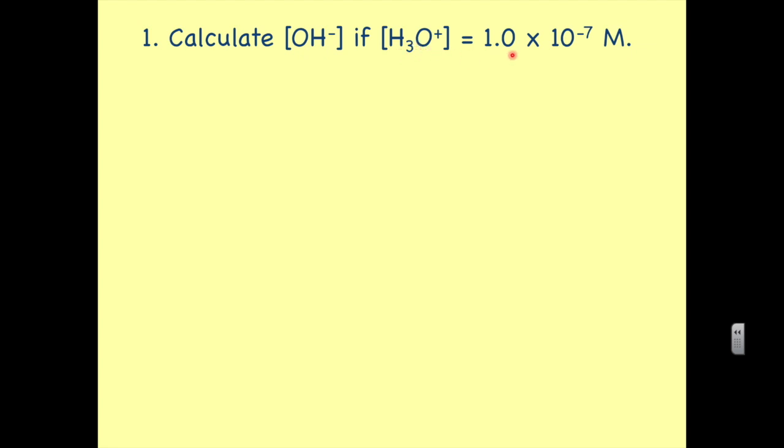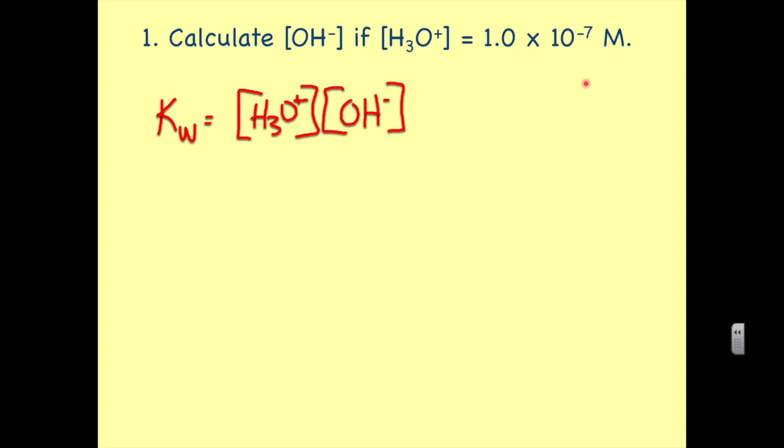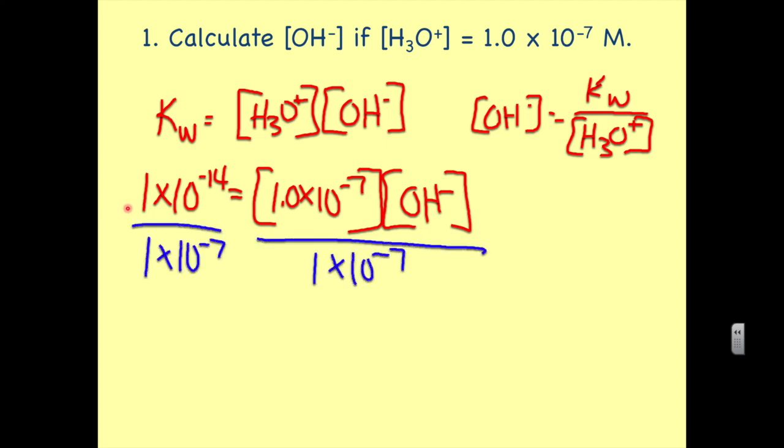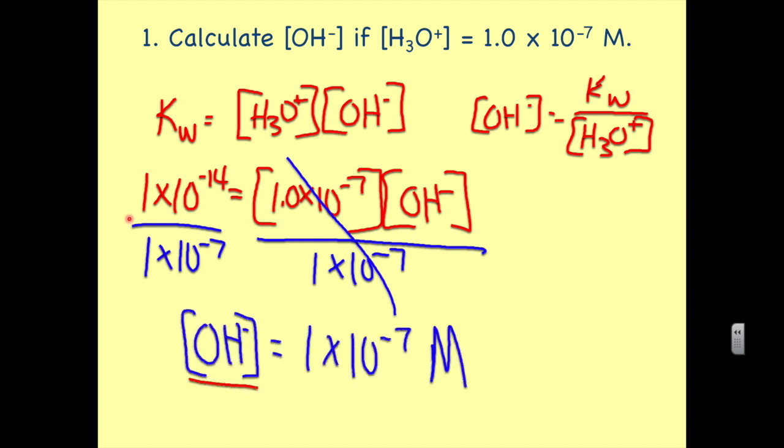So if I know that I have 1.0 times 10 to the minus 7 of hydronium, I need to use my equation and plug in this value here, and my Kw is a known constant. Then I need to divide both sides by 1 times 10 to the minus 7. They cancel out. So 10 to the minus 14 divided by 10 to the minus 7 is going to be 10 to the minus 7.